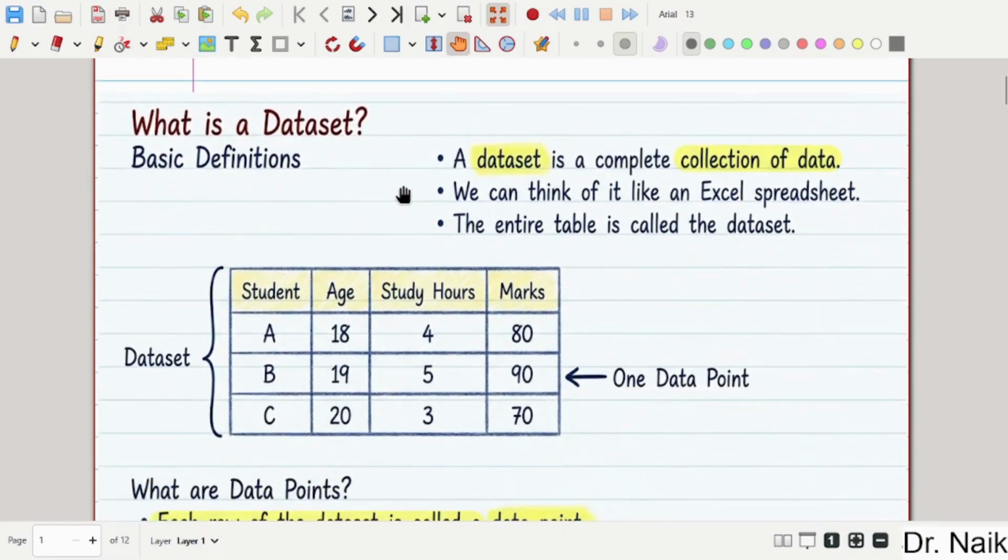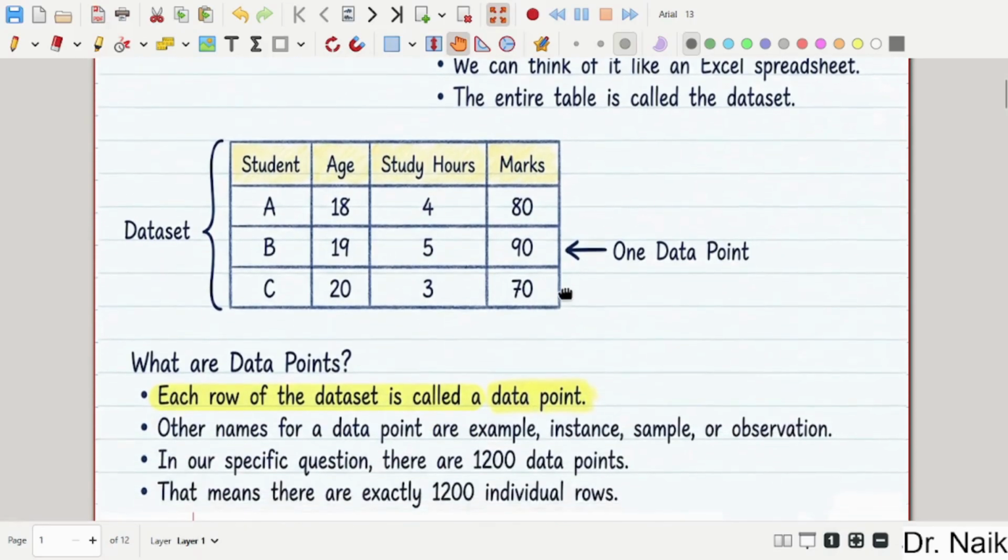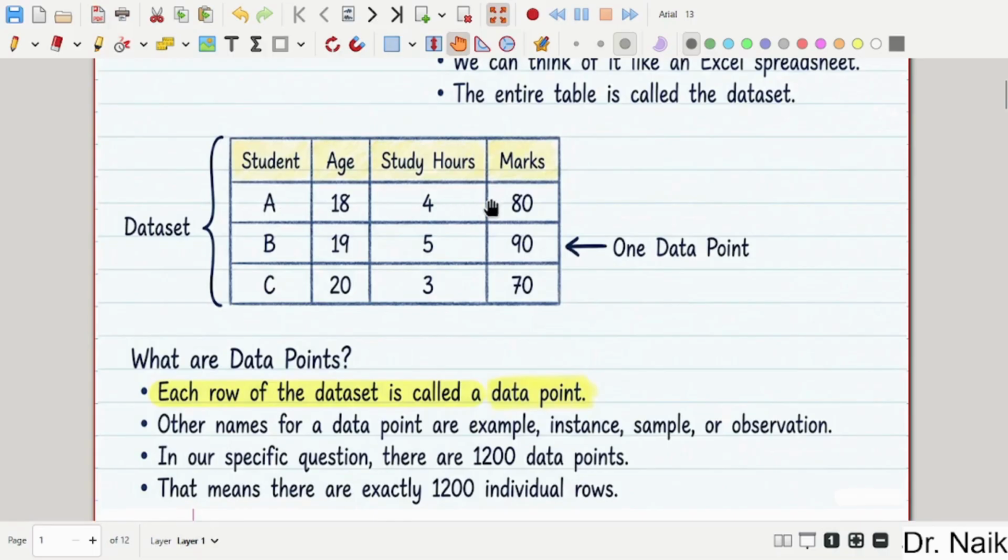So let's understand it step by step. So what is a data set? A data set is a complete collection of data. We can think of it like an Excel data set. The entire table is called a data set and each row of the data set is called a data point.